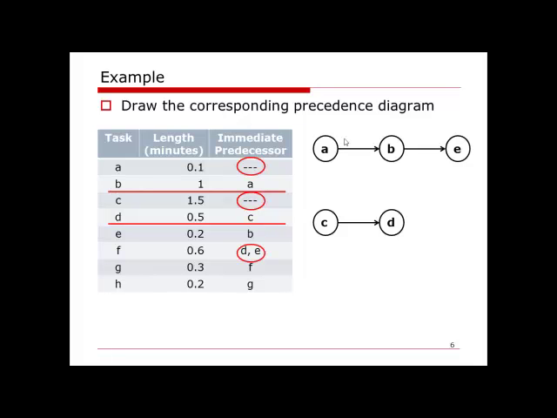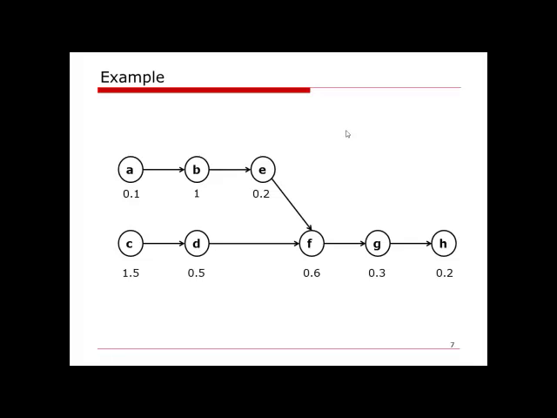F is a little bit unique because F has two immediate predecessors, which means the two immediate predecessors D and E both need to be finished before we can start working on task F. So we have F, but F has two arrow connections pointed to F from D and E. Similarly, we can work on the last two tasks, G and H, and we can construct such a predecessor diagram.